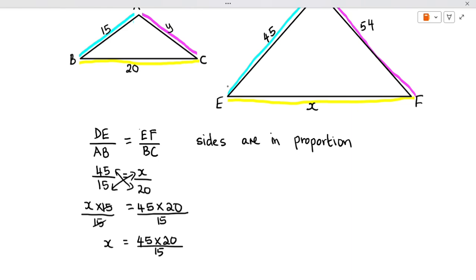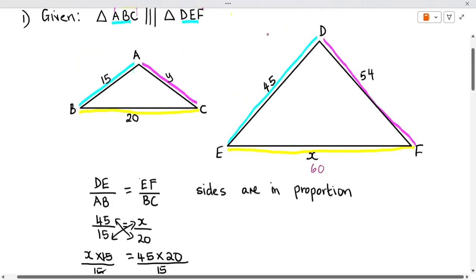So you work that out, and you get 60. So here we have X is equal to 60. So I'm going to write 60 here.